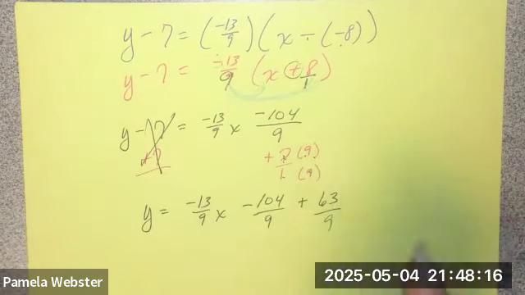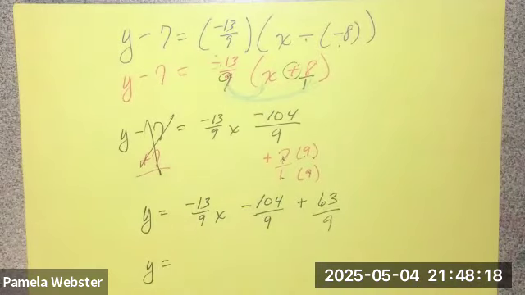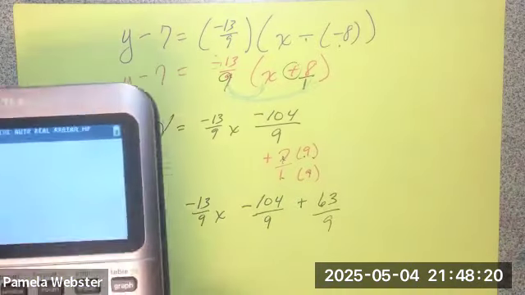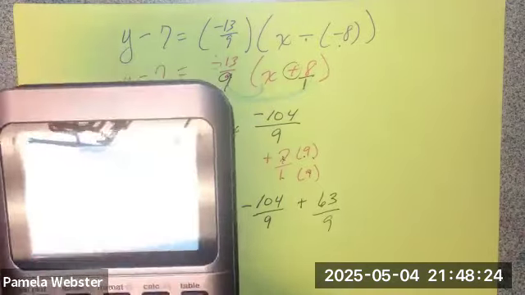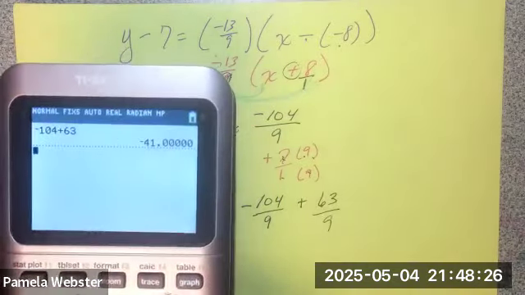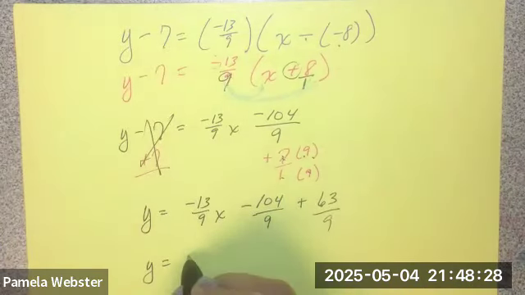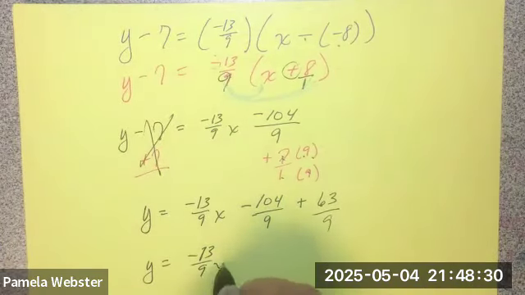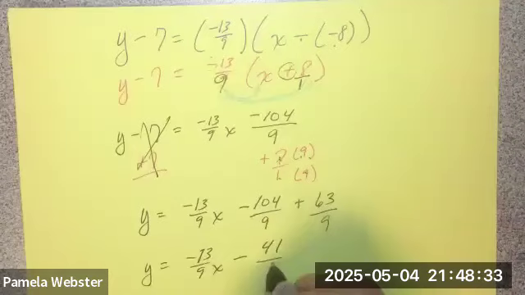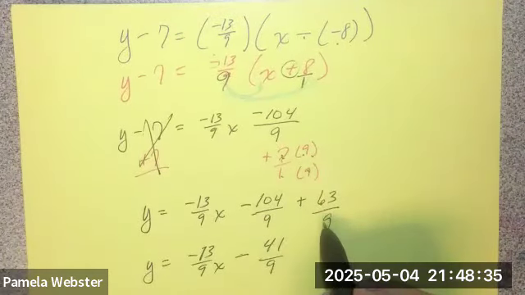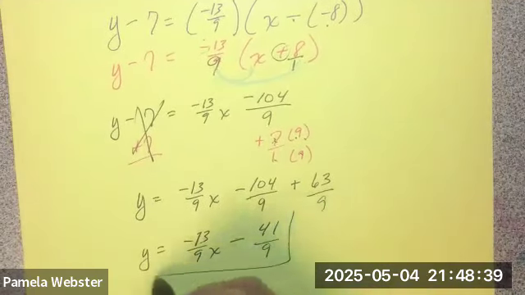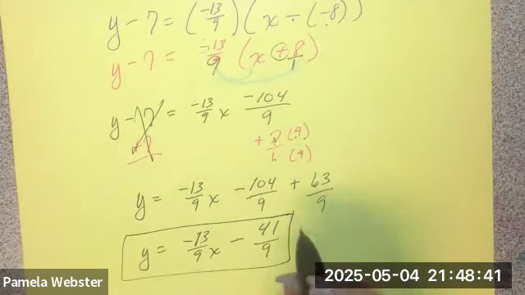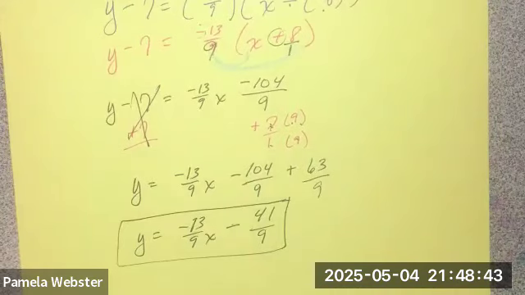I need to add those two numbers together. Y equals -104 plus 63 is -41. Minus 41 over the 9, because you've got the common denominator so that you can combine the tops and keep the denominator the same. There we go. There is my equation of the line.